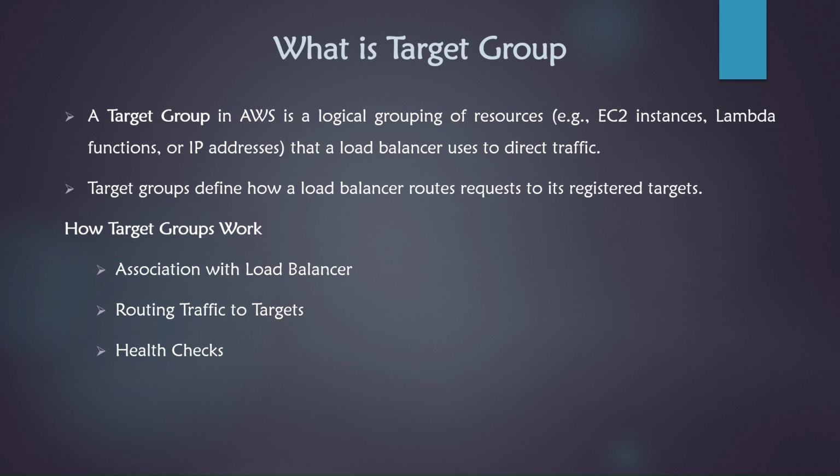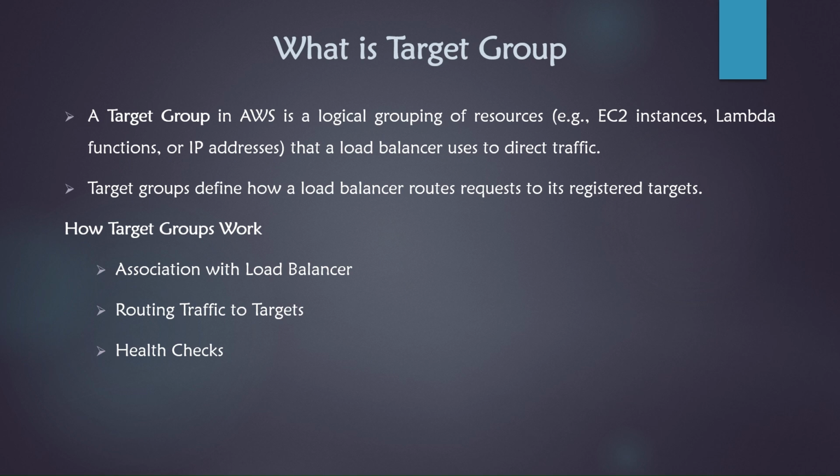Next thing is target group. It's a logical grouping of resources that a load balancer uses to direct traffic. It defines how the load balancer routes requests to its registered targets. So how do target groups work?